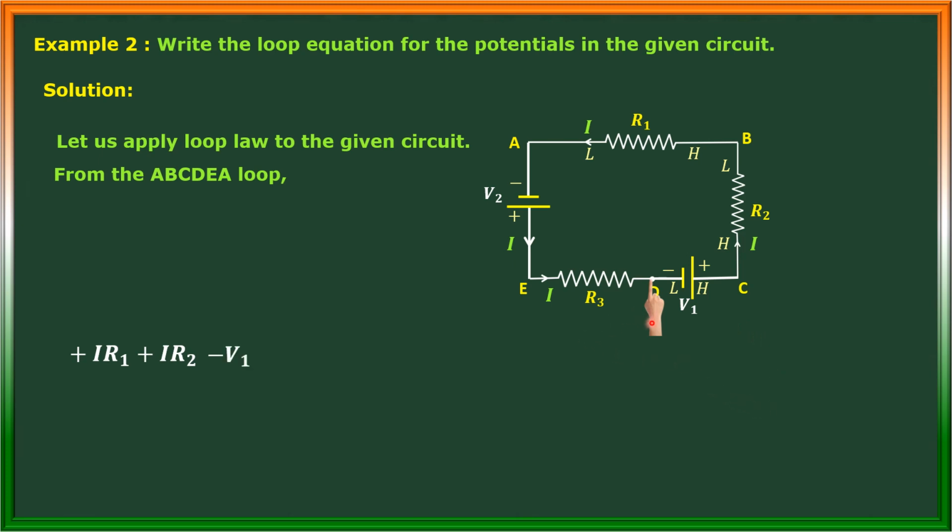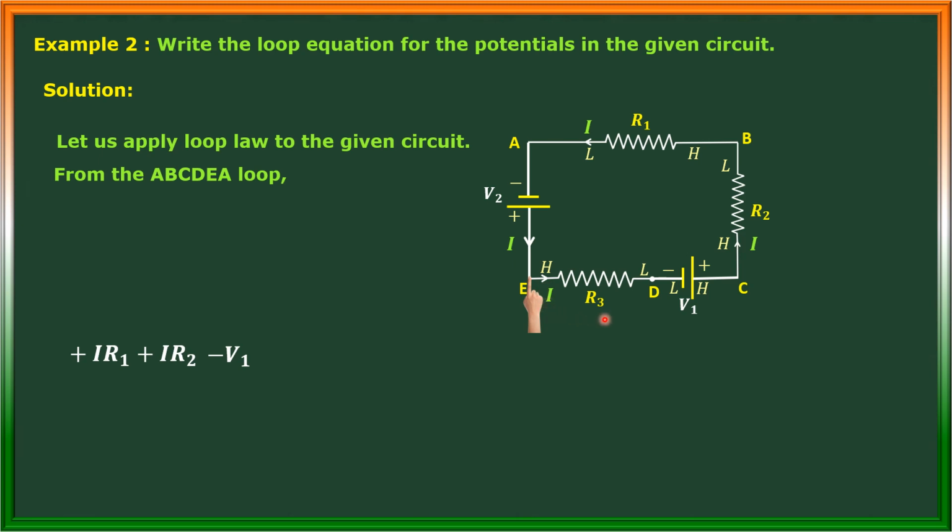Next, I will move from D to E. That is opposite to the direction of the current through the resistor. Current is flowing like this. I am traversing this element from right to left. So here is higher potential, here is lower potential. That means H to L. So I have moved from L to H. Potential increases.